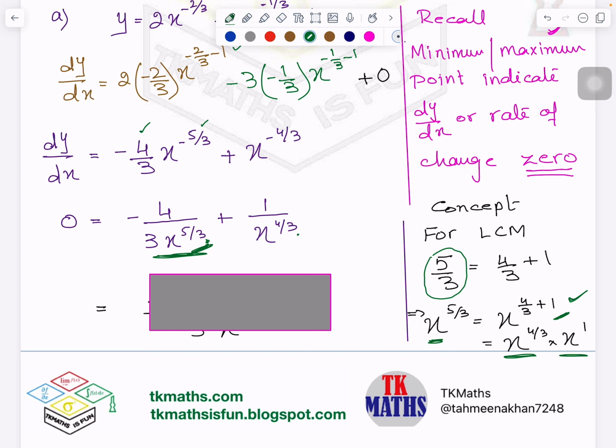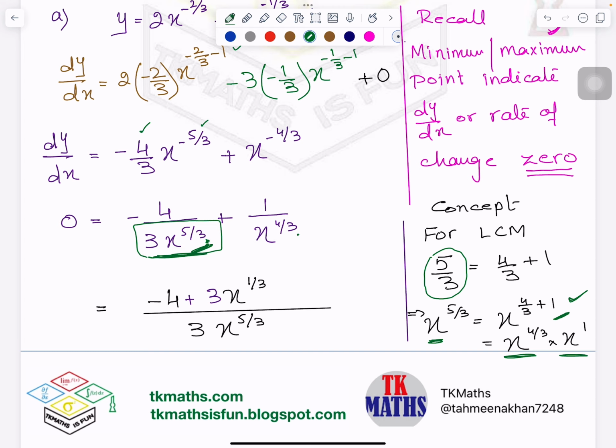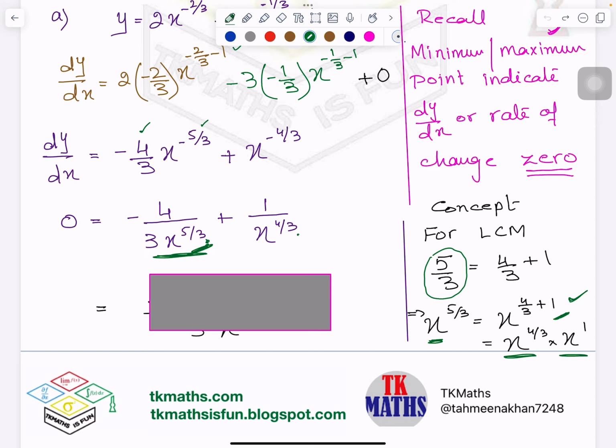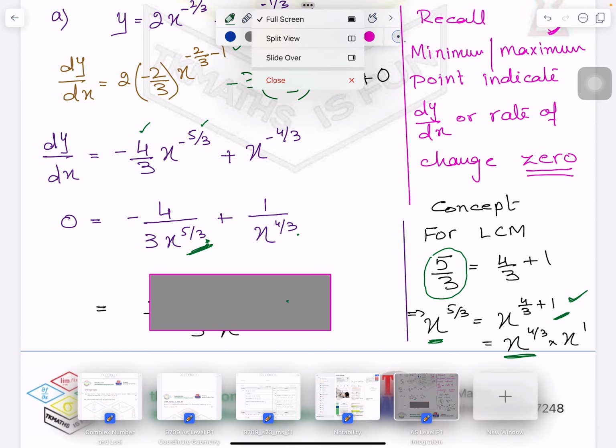So when you are taking the LCM, you will take this in the denominator, because this is the bigger power. And then I will not multiply the 4 by anything. What is the reason?